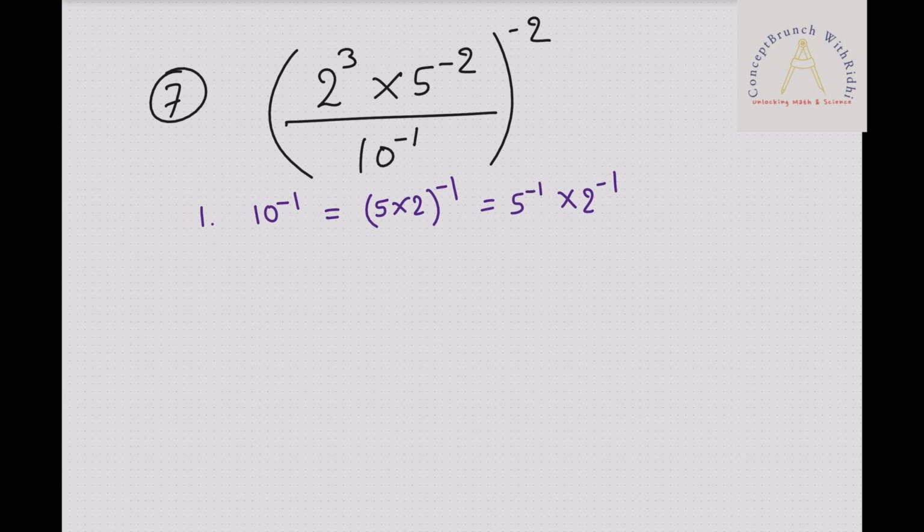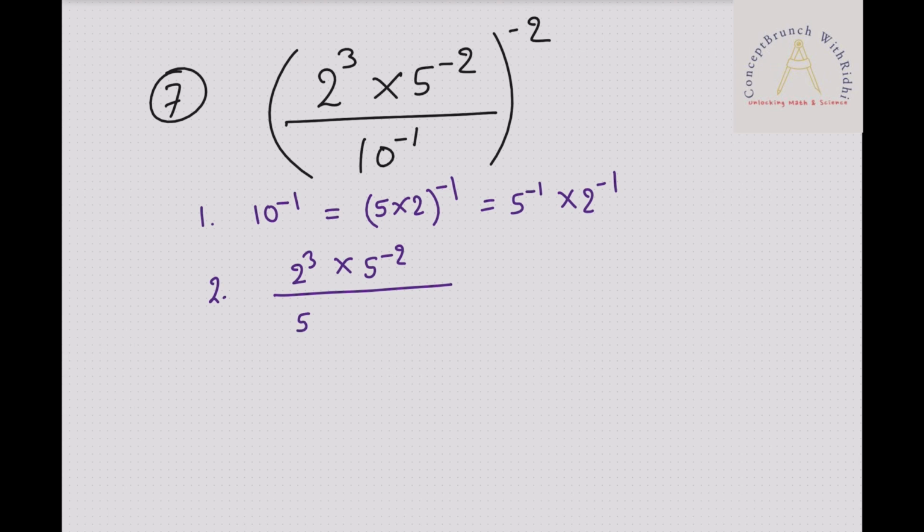Now, second step, write the denominator and numerator. 2 cube times 5 to the power -2. In the denominator, instead of 10 to the power -1, we can write 5 to the power -1 times 2 to the power of -1. Okay. Now, separate the terms and apply the quotient of the power rule.